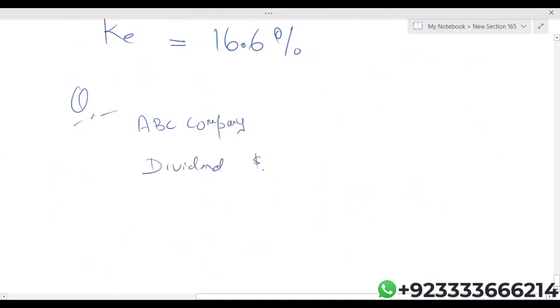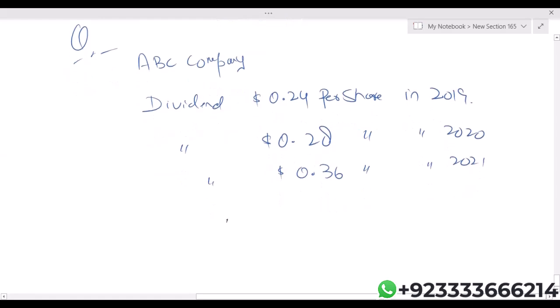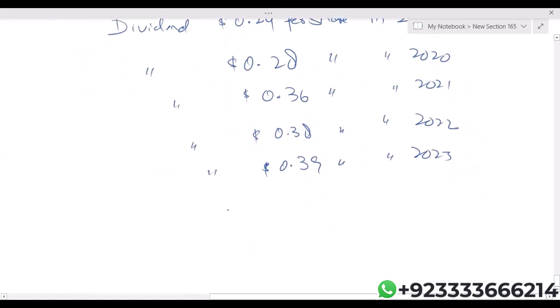Dividend $0.24 per share in 2019. Dividend $0.28 per share in 2020, 0.36 in 2021, 0.38 in 2022, and let's say $0.39 in 2023. And 2024 is ending, so let's take 2024 as well.